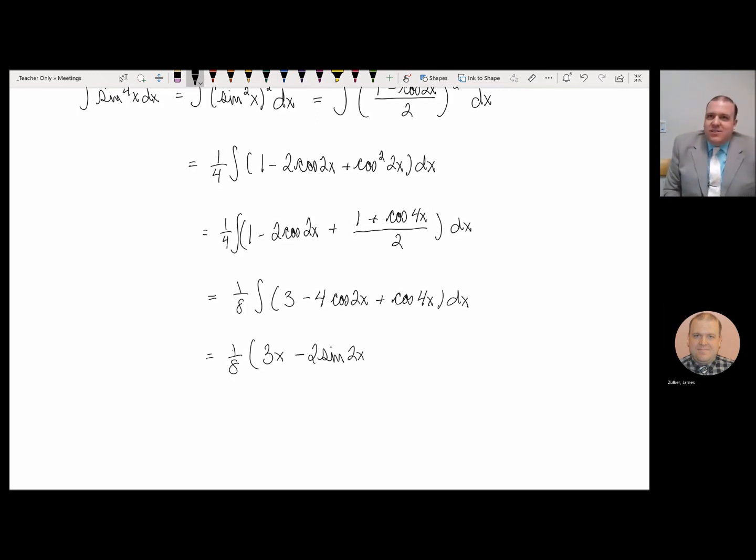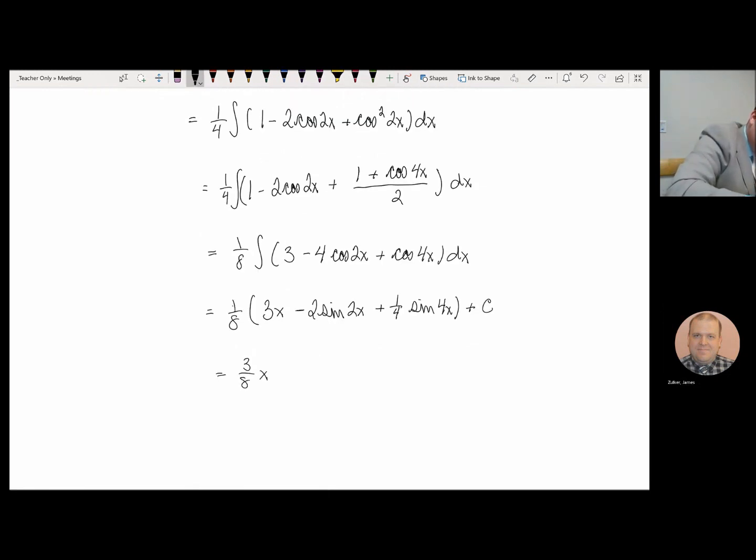Antiderivative of cosine of 4x, 1/4 sine of 4x. All right, so then just distribute that 1/8 through. And that's what you get as your antiderivative.